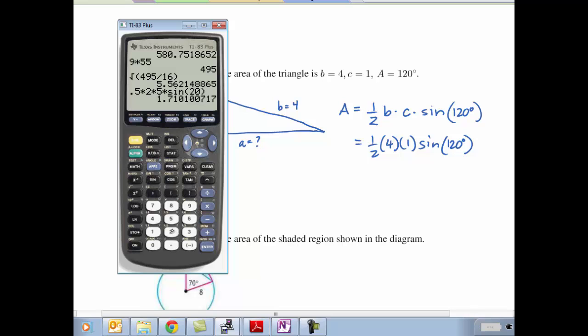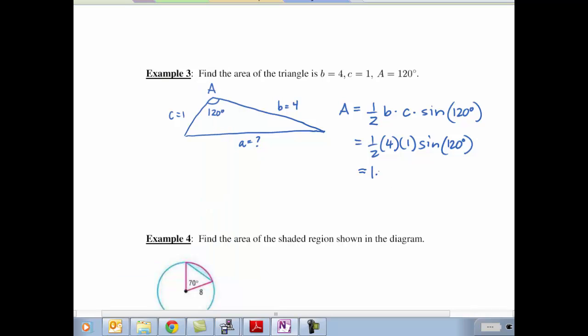Half of 4, that's 2, times the sine of 120 degrees. 1.73 to the nearest tenth. Let's think about this. Sine of 120, we should know that one. That's approximate what we just wrote down, but this one we should be able to get exactly.